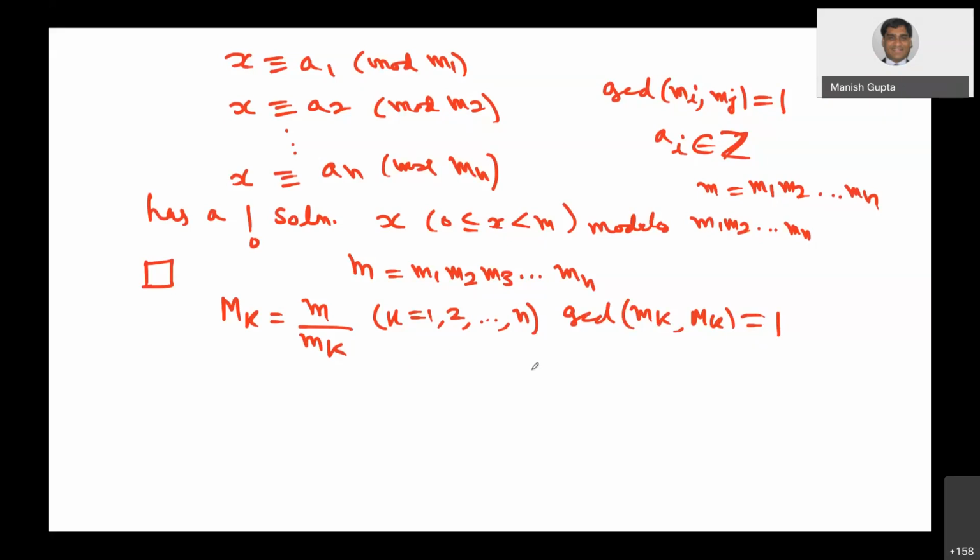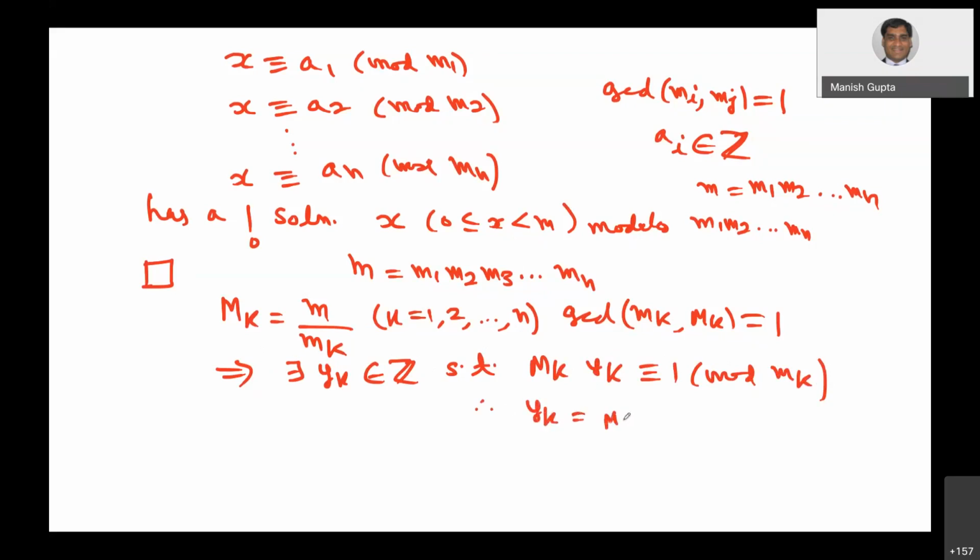So from the previous lemma, there exist integers yk such that Mk into yk is congruent to 1 mod mk. Therefore, yk is nothing but the inverse of Mk modulo mk.